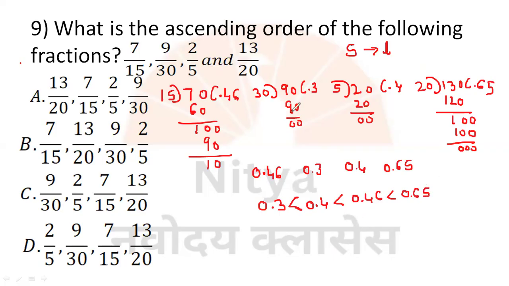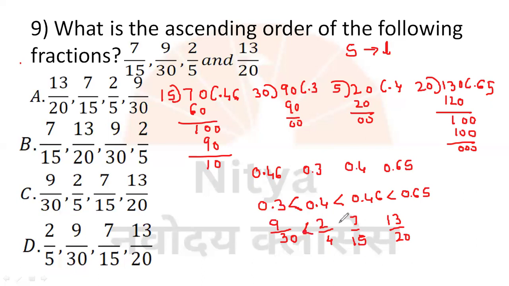So we have to take the fractions: 0.3 means 9 by 30, and 0.4 means 2 by 5, and 0.46 means 7 by 15, and then 13 by 20. So this is the ascending order.